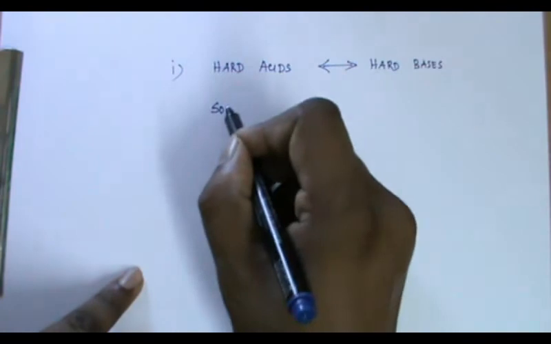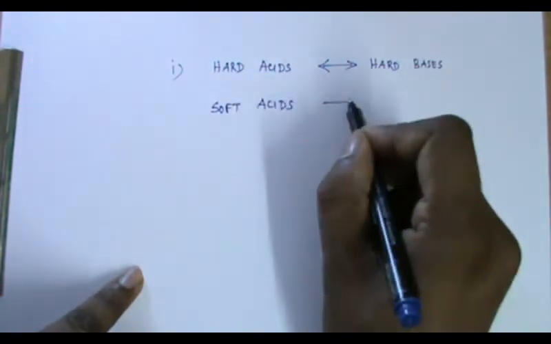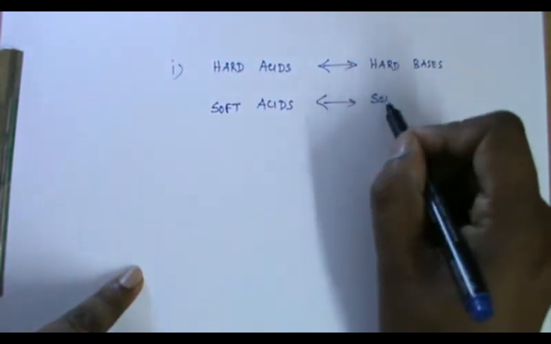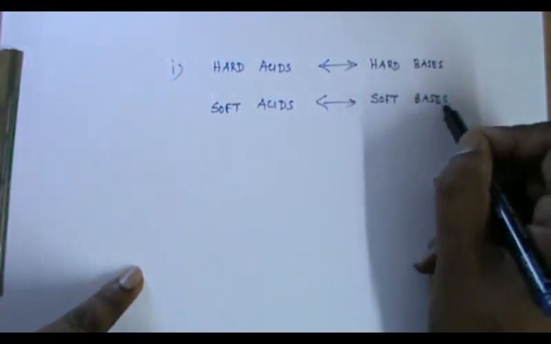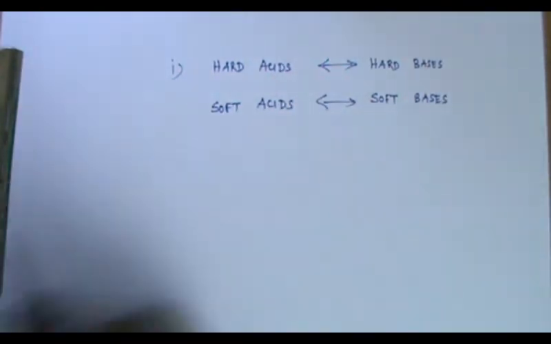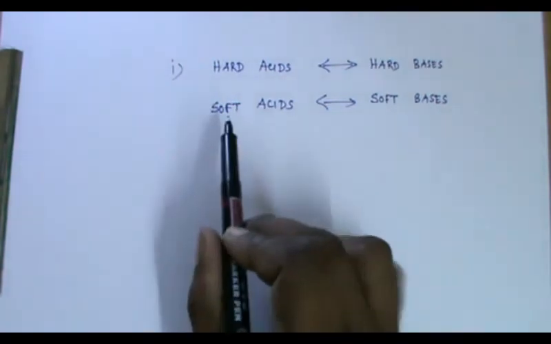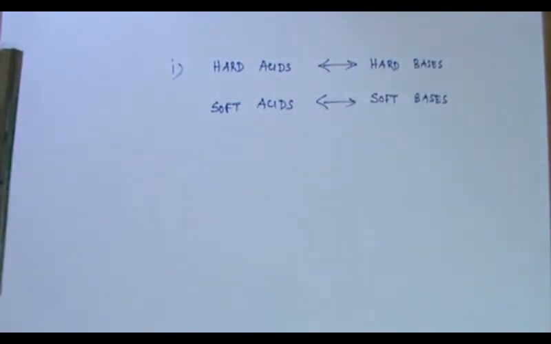Similarly, soft acids prefer to bind with soft bases. So it is a very simple principle, anybody can remember. But the problem is, what are hard acids and what are soft acids, what are hard bases and what are soft bases.